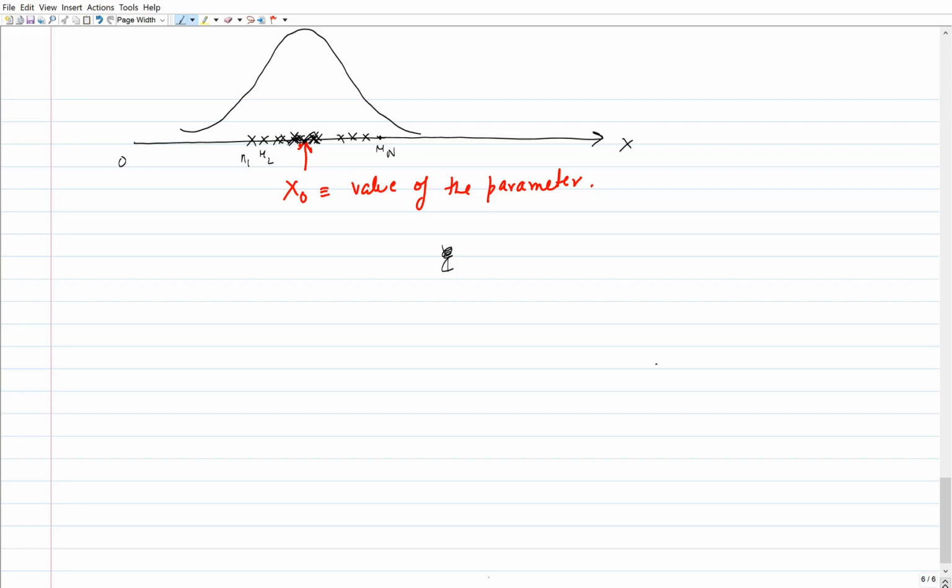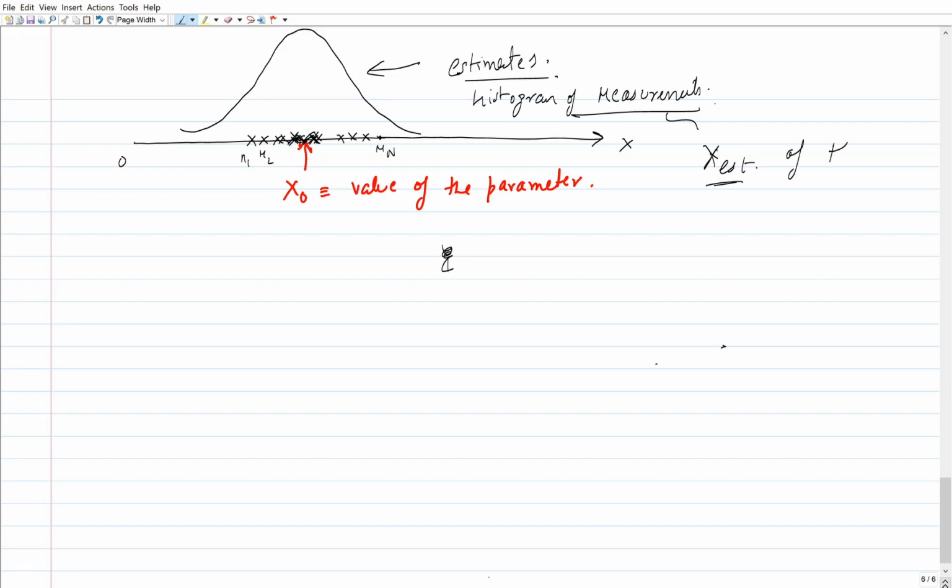So this is the histogram of the measurements. In other words, your estimate x est, the estimate of the parameter x, is a random variable.